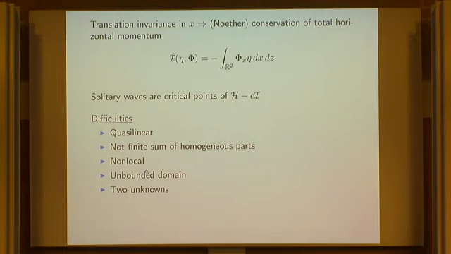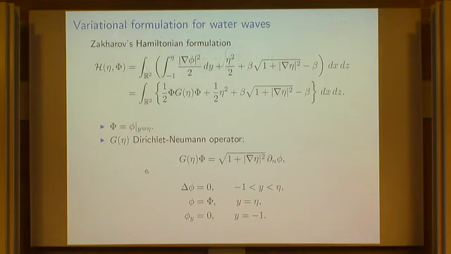Okay, so some difficulties. It's not easy to directly treat this variational problem. First of all, it's not a semi-linear problem. It's more of a quasi-linear nature, in the sense that if you look at the highest derivatives in these functionals, they don't appear quadratically. So you have problems with coercivity.